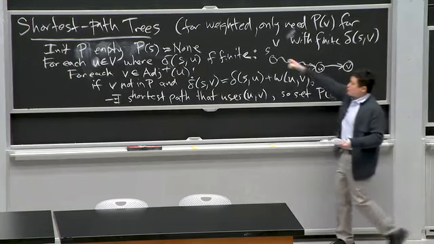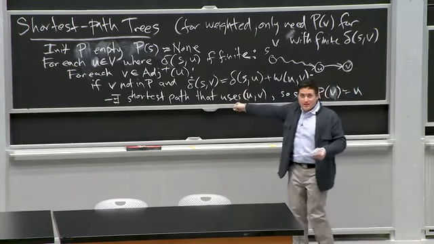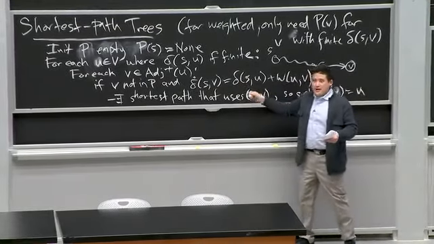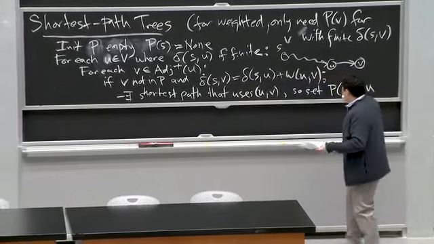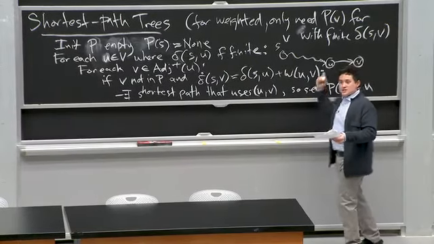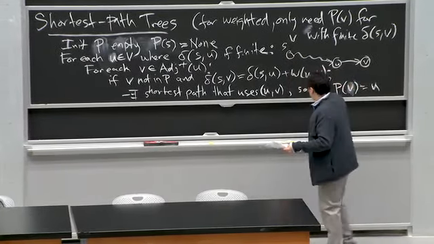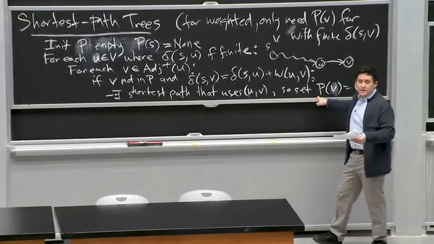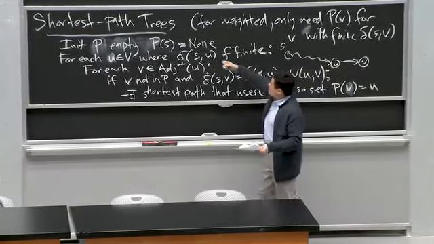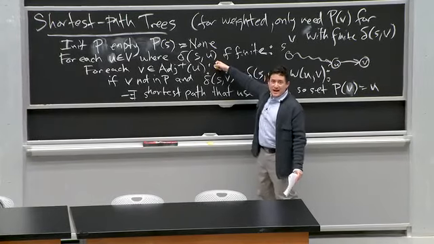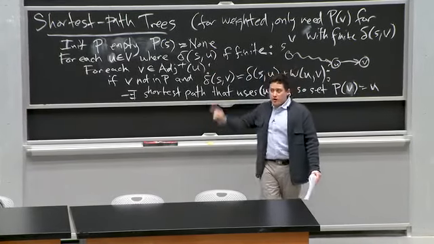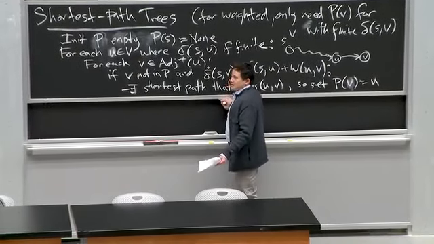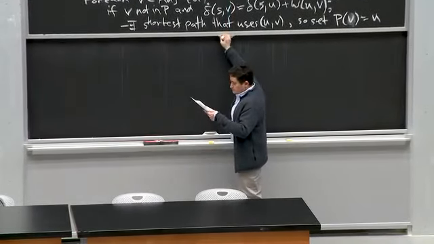I'm not going to prove to you that this is correct, but it intuitively makes sense. If I have these shortest path distances, you can prove by induction that this parent pointer points to the right place along some shortest path, and it also does so in linear time because I'm looping over all the vertices and looping over its outgoing adjacencies once. Same analysis as we had for both BFS and DFS, essentially.